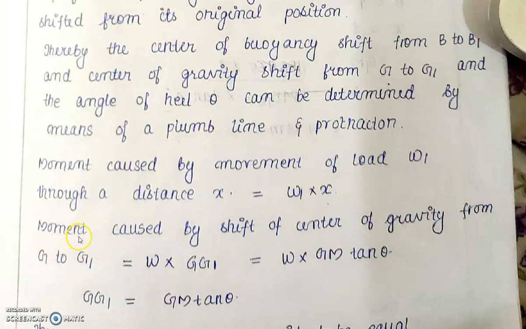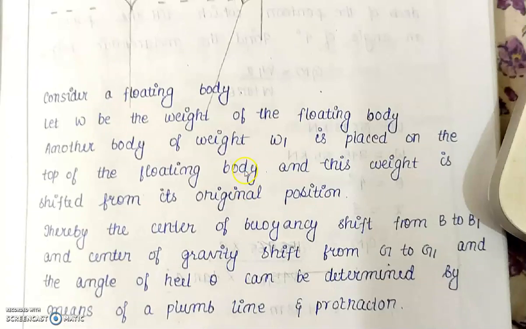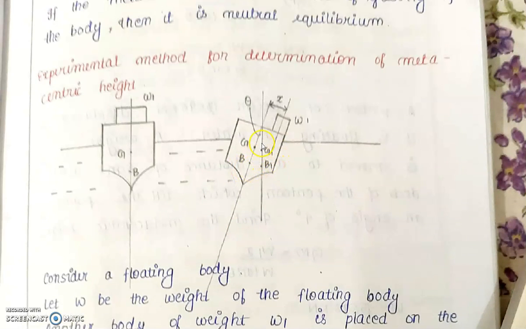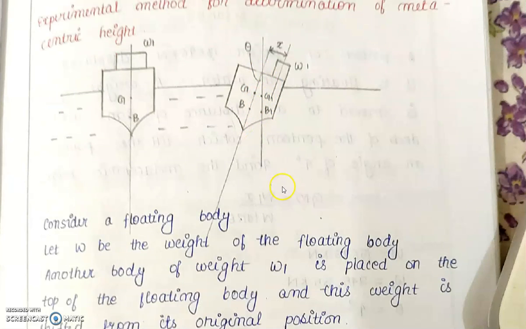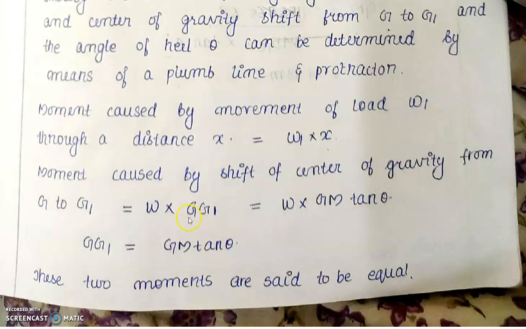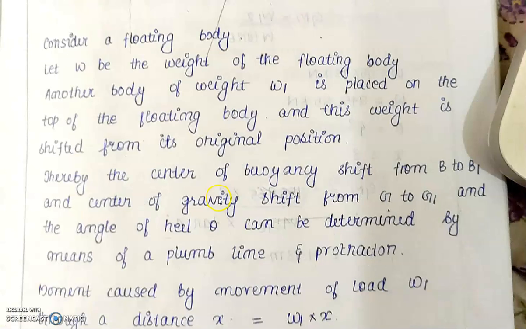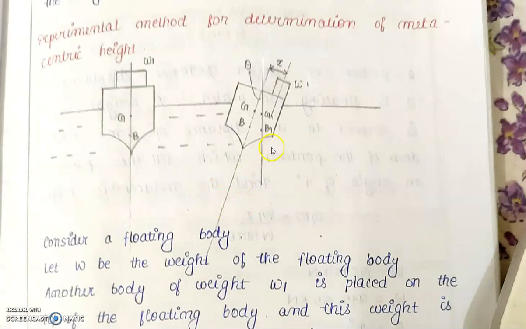Because of that, there is a moment, that is capital W into GG1, W acting in the downward direction. What is GG1? In terms of metacentric height, this is theta angle and this is GM, so GM tan theta will be GG1.